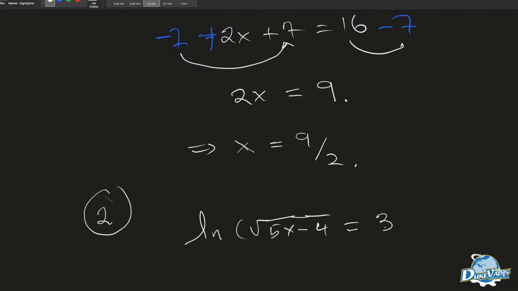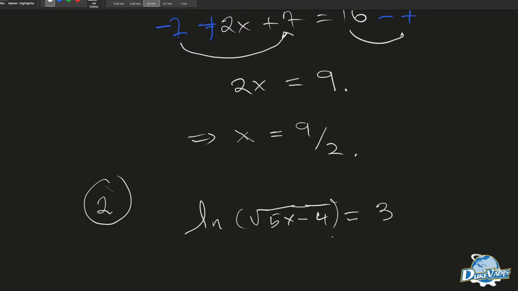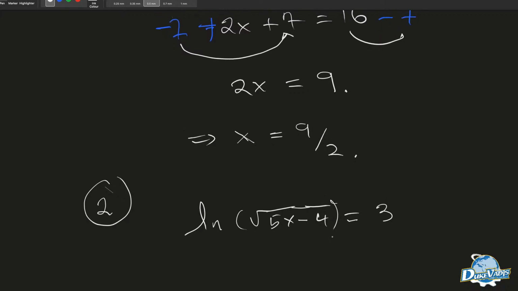And we should find the value of x. Friends, such a question is also another interesting one. You see that there's a natural log of this 5x minus 4 equals 3. We should find x again.